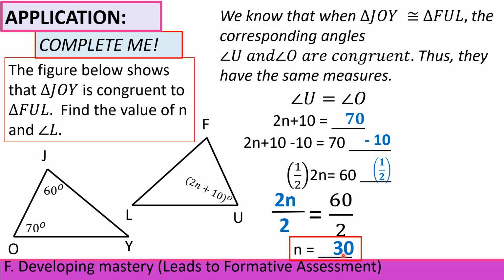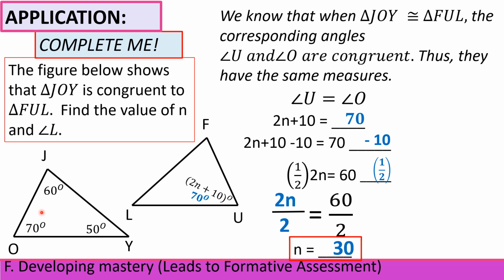How about ang value ng ating angle L? Ilan kaya ang value ng ating angle L? So, angle L, ang hahanapin natin na value dito. So, by angle sum theory, we have angle J plus angle O plus angle Y is 180 degrees.